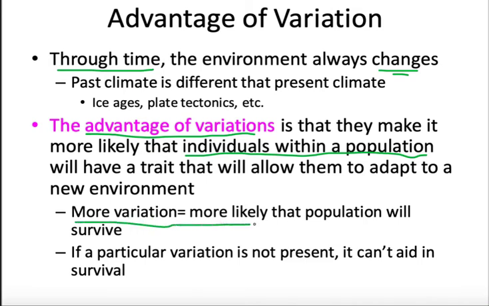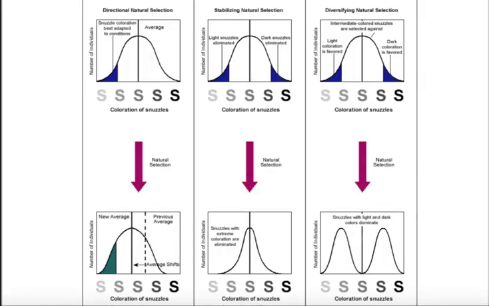So having more variation makes it more likely that populations will survive. We need to acknowledge that if a variation is not present, it can't help survival. So it's a big idea in biology that variations are important to a species. Species that lack variations are more likely to go extinct than species that have variations.